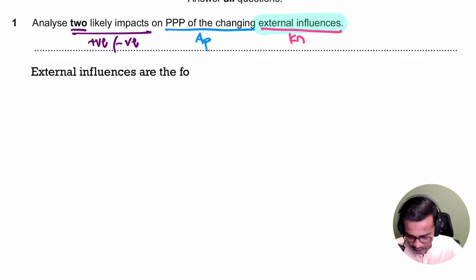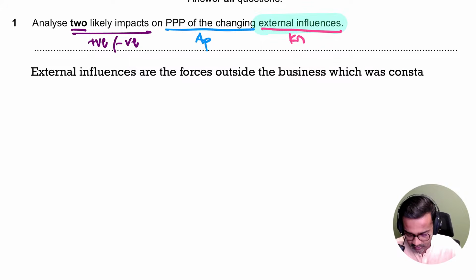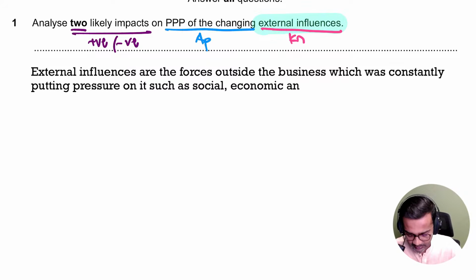Are the forces outside the business which are constantly putting pressure on it, such as social, economic, and legal. So just mention a few, and if you do that, that's enough for 1 mark. But we don't want 1 mark, we want both the knowledge marks, right?